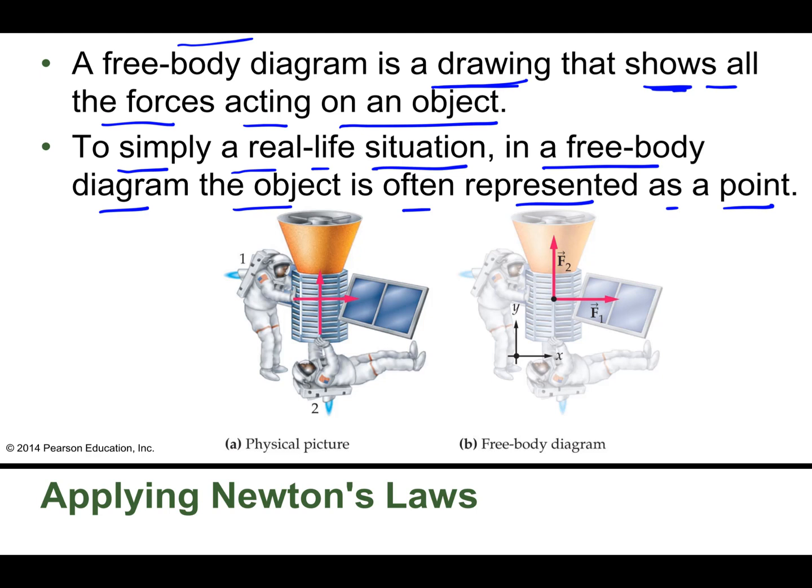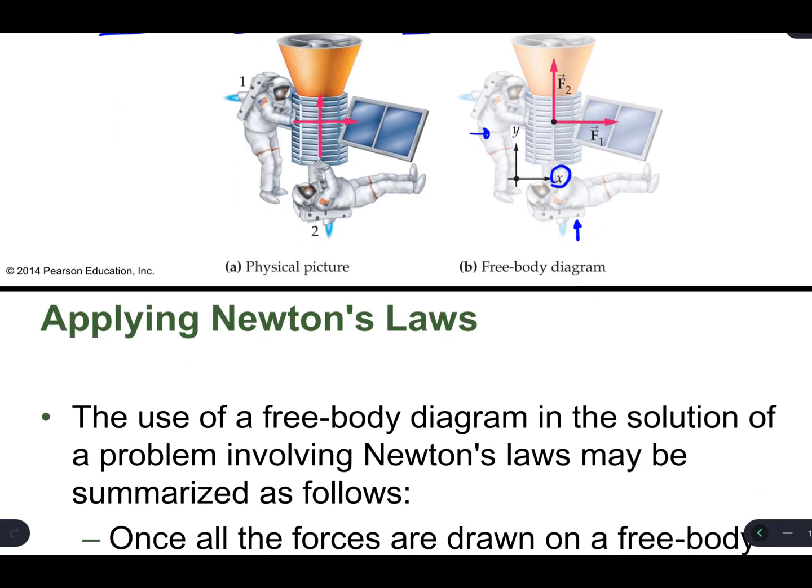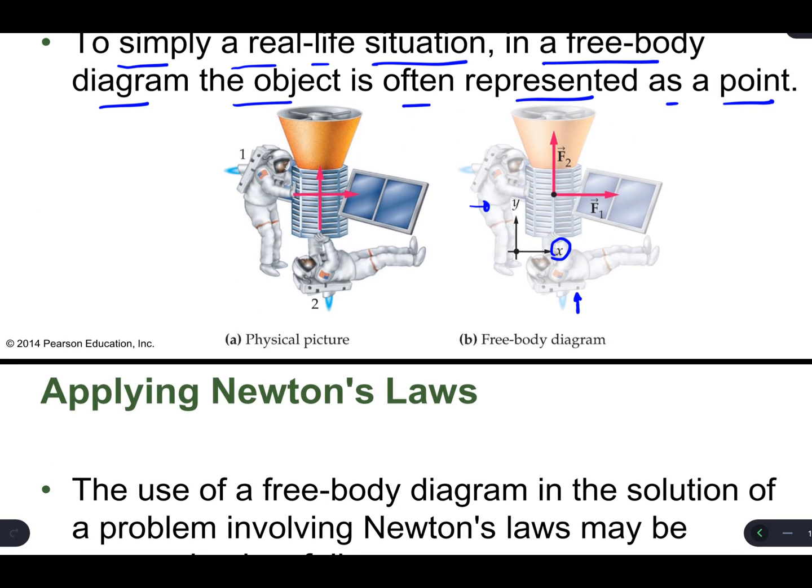One force is in the horizontal direction, and the other force from this one is in the y direction, or vertical direction, and from the second astronaut in the x direction. This is the physical picture. A free body diagram looks like this, okay? And just write Fx and Fy.